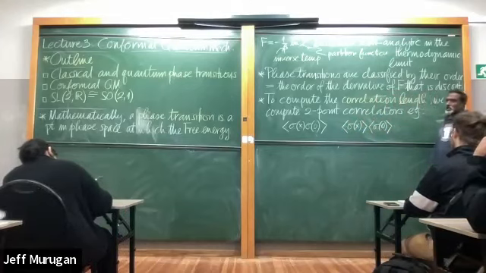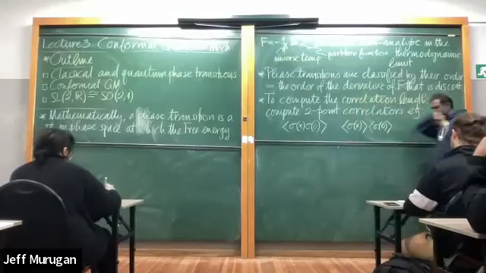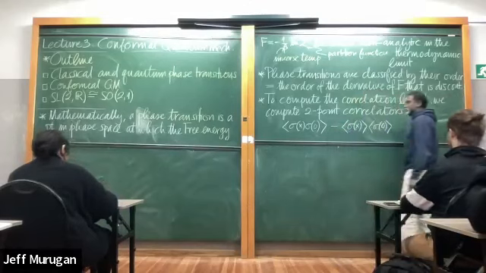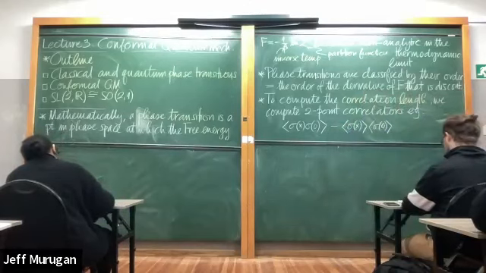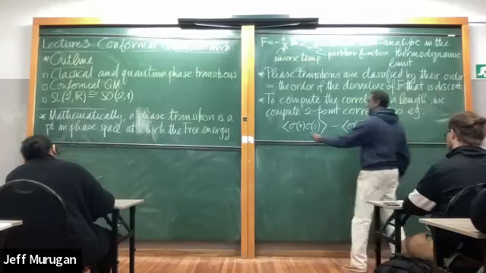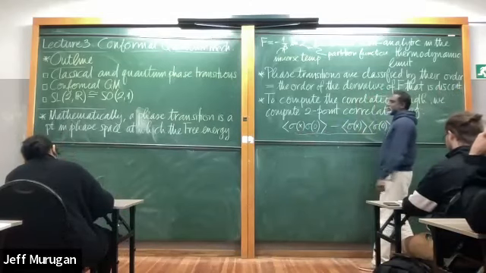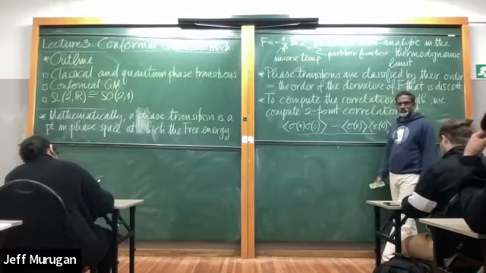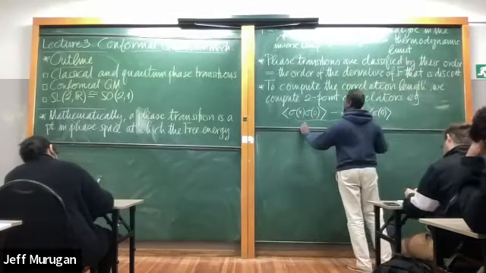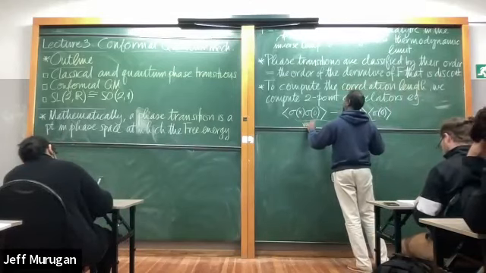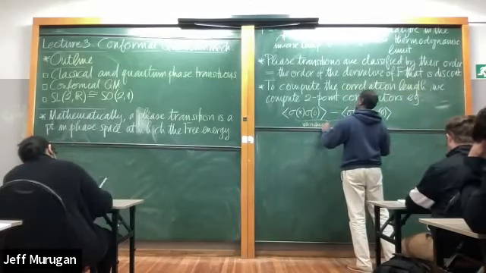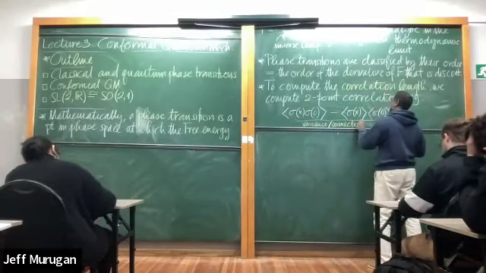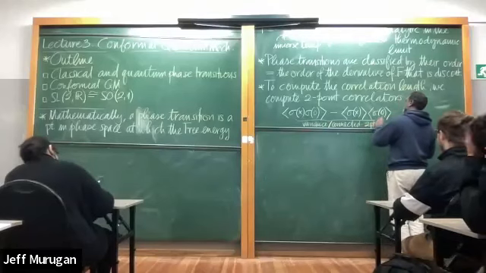And if I subtract these off, that gives me what's called the connected 2-point function. In a sense, the connected 2-point function is like calculating the variance. Okay, it's what's called the variance or connected 2-point function.